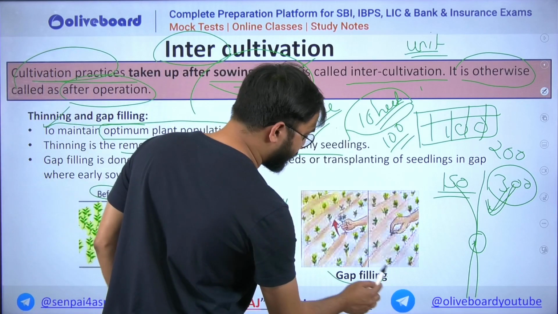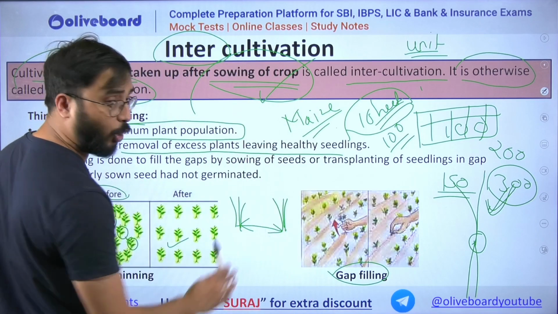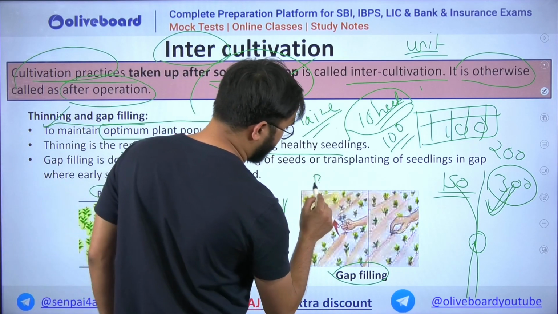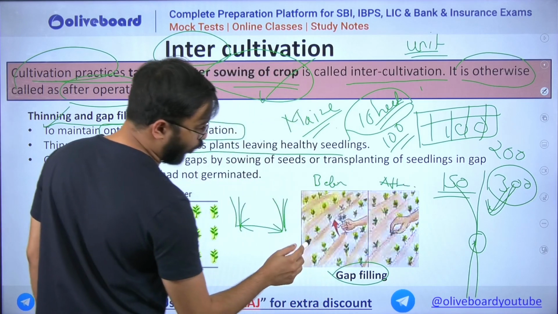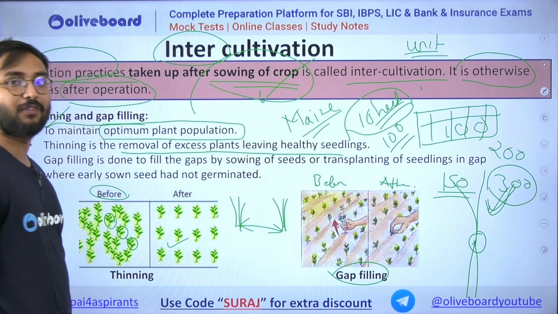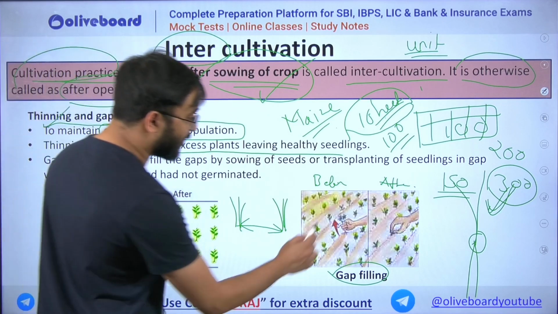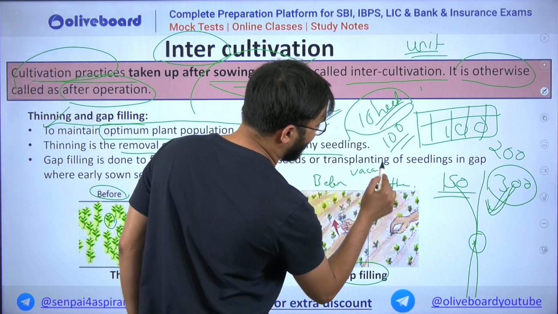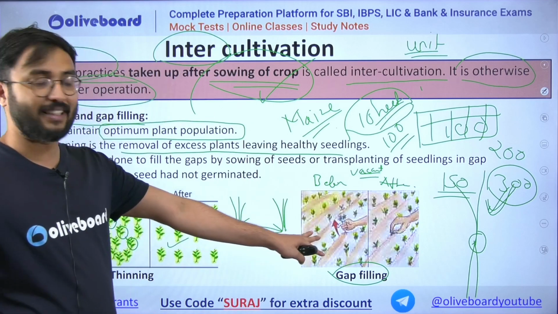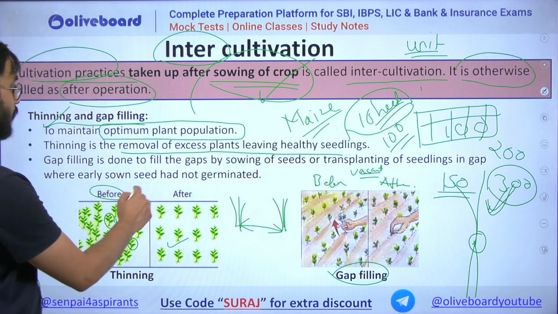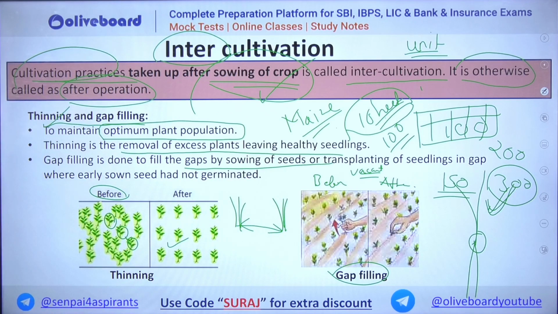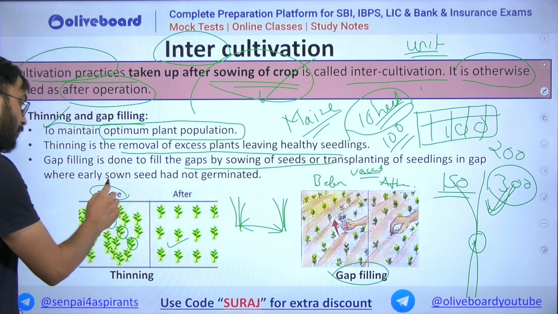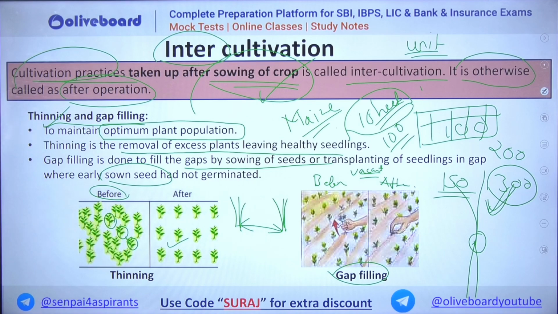Then gap filling. For example, this is my before crop and these are my after crops. Before, suppose there is a field in which there are certain vacant areas, in the sense there are no crops planted here. So gap filling is nothing but gaps are filled by sowing of seeds or transplanting of seedlings in the gap where the early sown seed had not germinated.